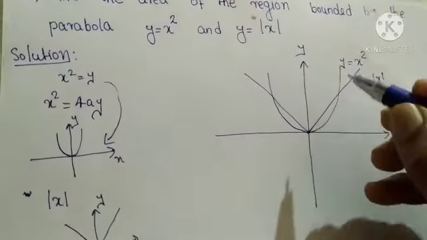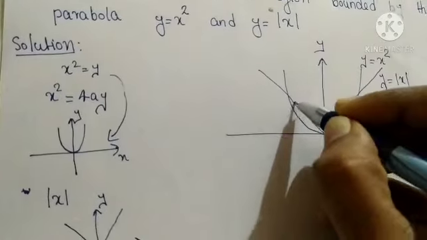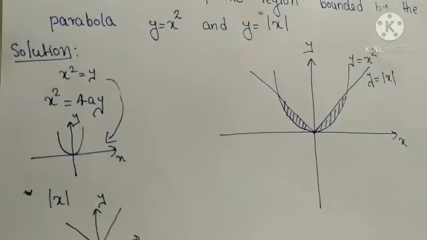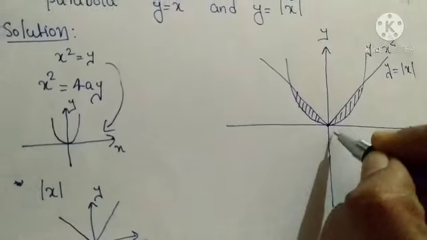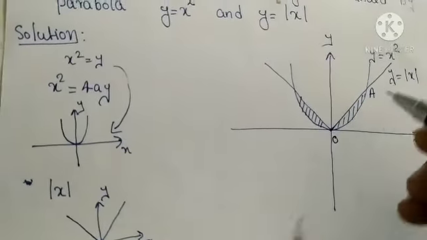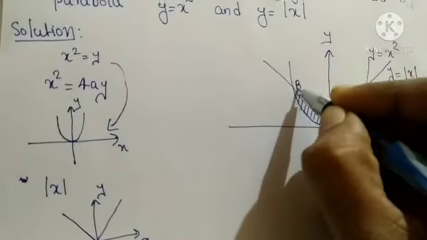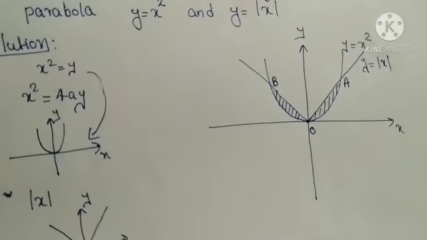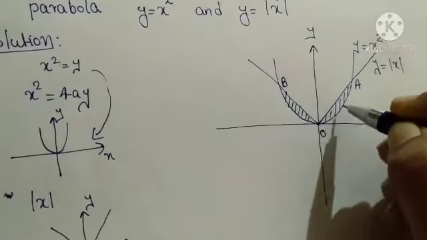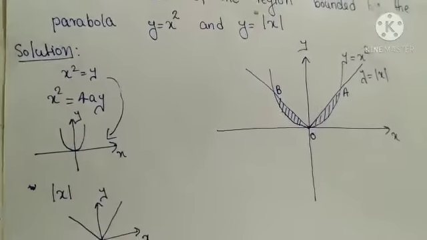That is, we need to find this area of region. Let us name it as OAB. So we need to find out this shaded region plus this shaded region area.